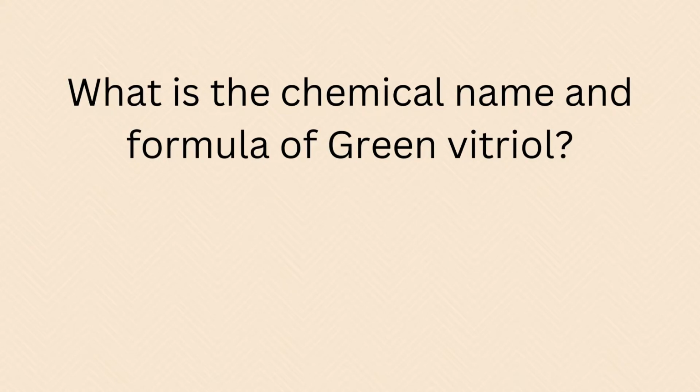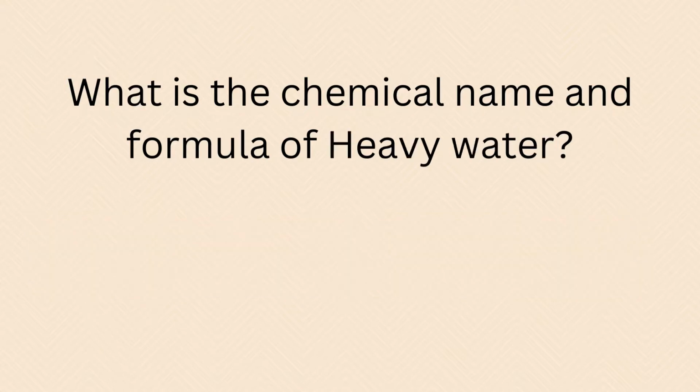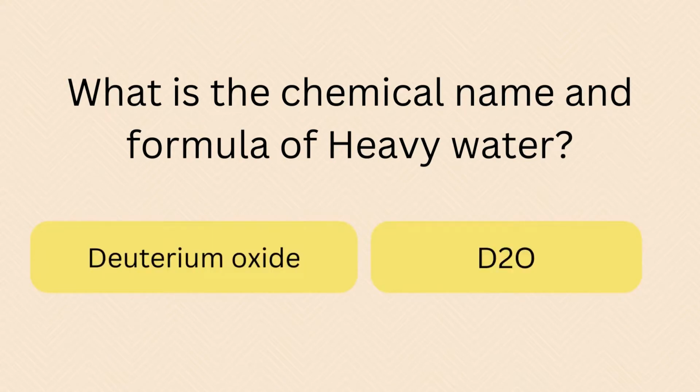Ferrous sulfate. Ferrous sulfate is called green vitriol and the chemical formula is FeSO4. Next one. What is the chemical name and formula of heavy water? Answer. Deuterium oxide. The chemical name of heavy water is deuterium oxide and the chemical formula is D2O.